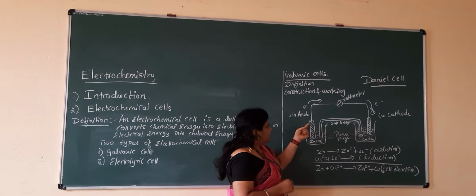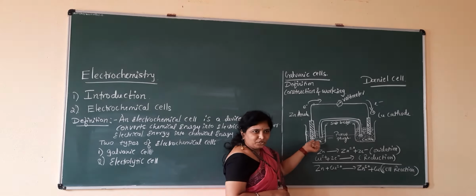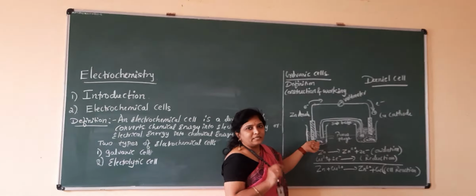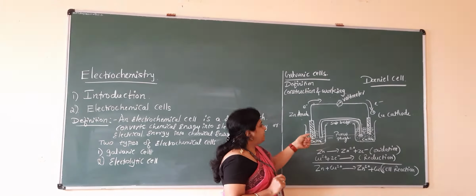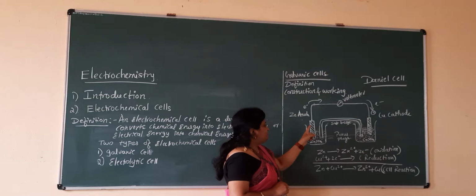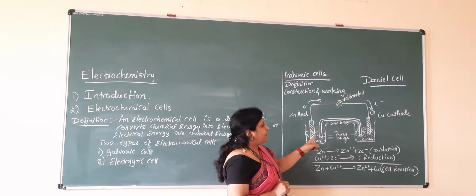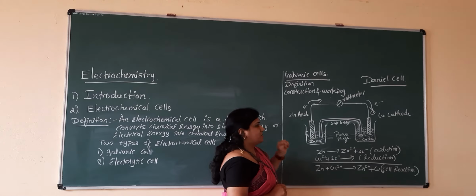Zinc slowly starts dissolving and goes into the solution as Zn2+ ions by liberating 2 electrons.